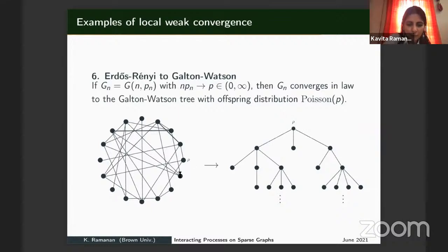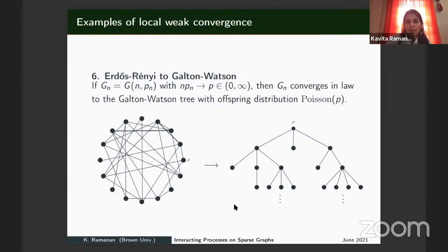What it's saying is that, of course, here too we have cycles, but for large enough n, since p_n is very low, locally it will look like a random tree, a Galton-Watson tree. Independently, each vertex gives rise to offspring that are Poisson(p) distributed, and then each offspring again independently gives rise to further ones, and you go on. So it continues infinitely. Is that clear?